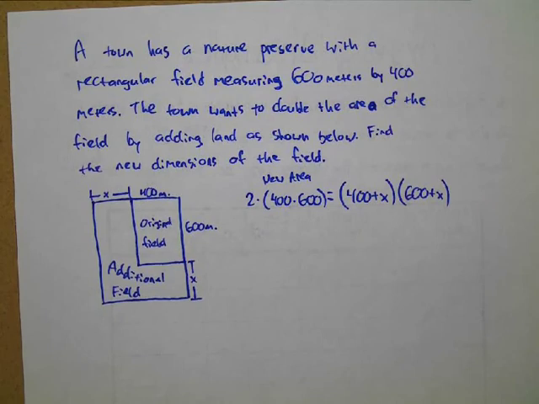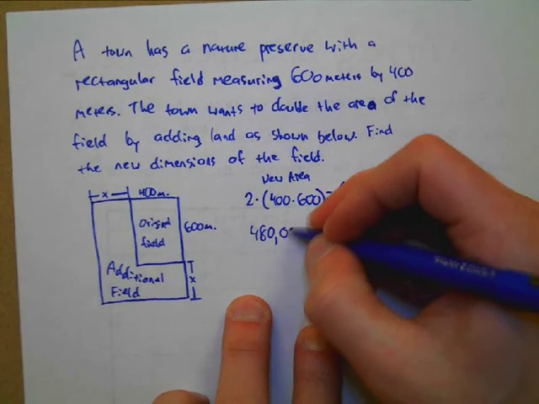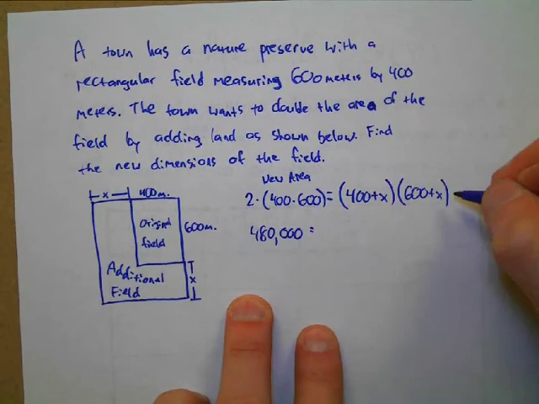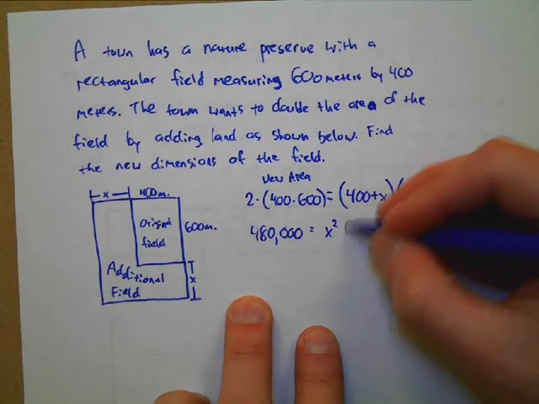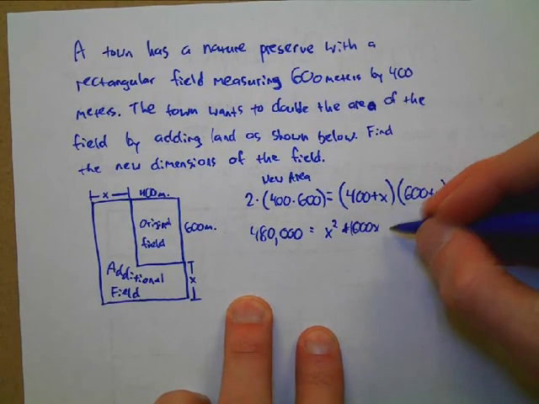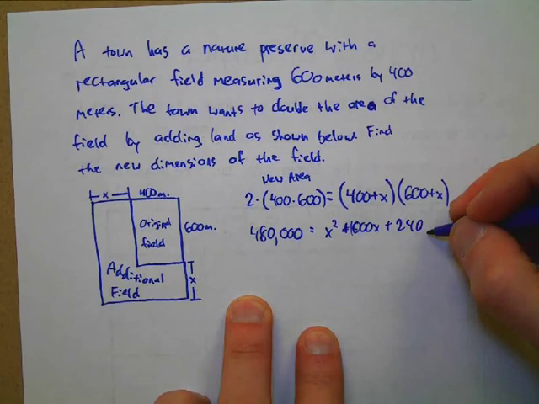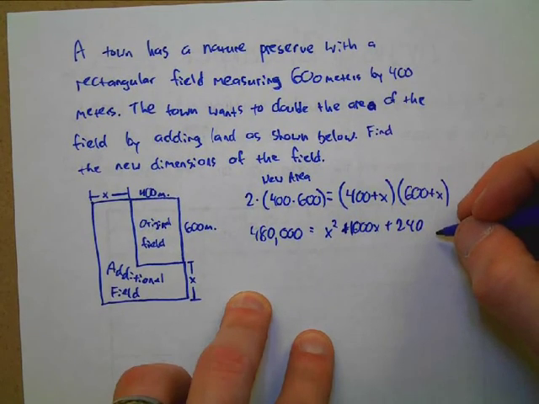And so we would multiply this all out. So we multiply that out, we get 480,000. We multiply this out, we'll get x squared plus 1,000x plus 240,000.